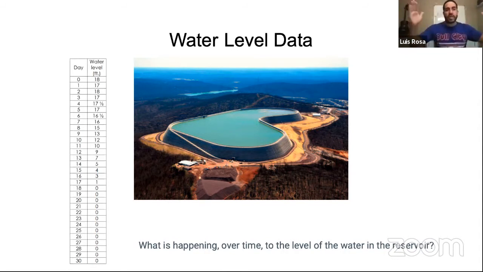So over time, the data that we have collected is saying that the water level is decreasing. And when I say decreasing, that means going down, okay? So it started at 18 and it ended up at 0. So over time, that water level went down, right? It kept going down, down, down, down until it hit 0 and it couldn't go any more down, all right?